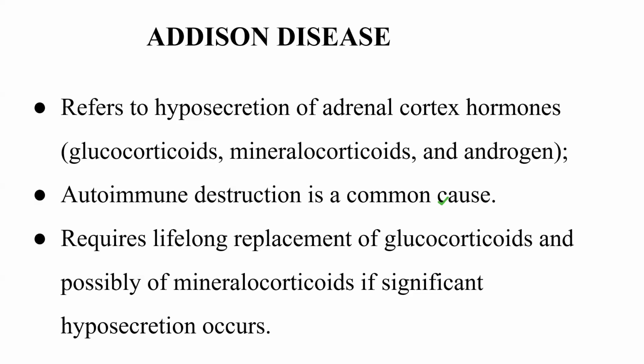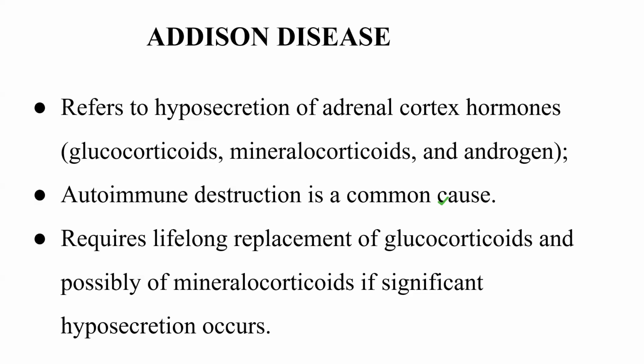And earlier we said the adrenal cortex hormones include the glucocorticoids, mineralocorticoids, and androgens. We said the mineralocorticoids and glucocorticoids are always produced in large amounts, unlike the androgens that are naturally produced in minute amounts.